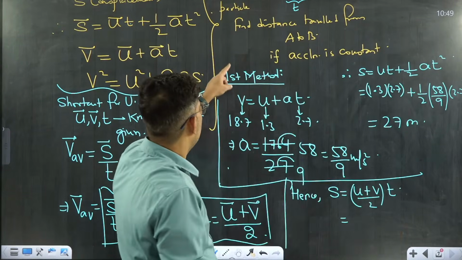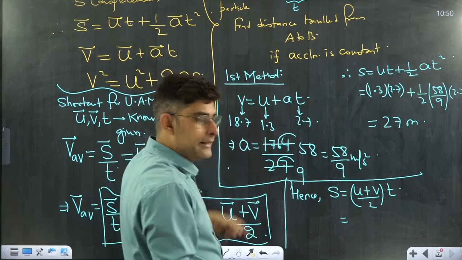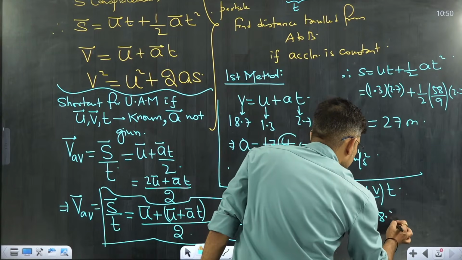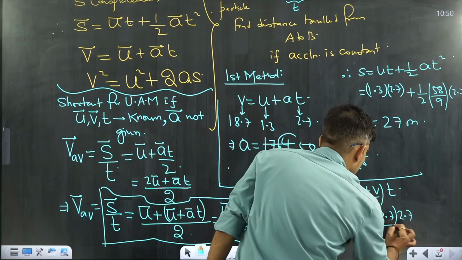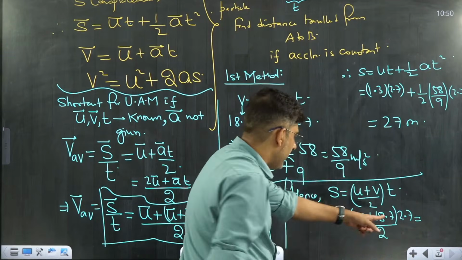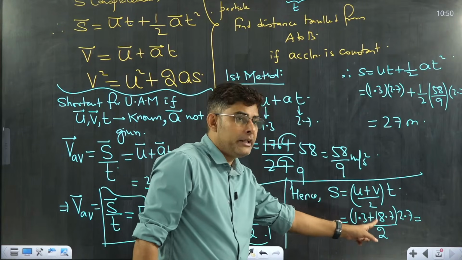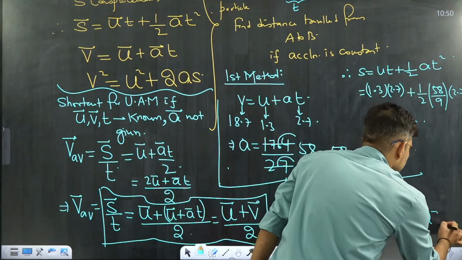What is u? u was given 1.3, v 18.7. So just write 1.3 plus 18.7, t is given 2.7, by 2. 18.7 plus 1.3 is 20. 20 by 2 is 10. 10 into 2.7 is 27 meters.